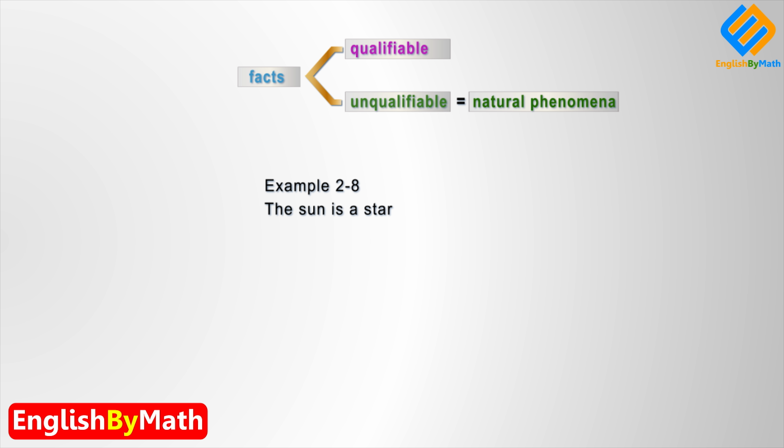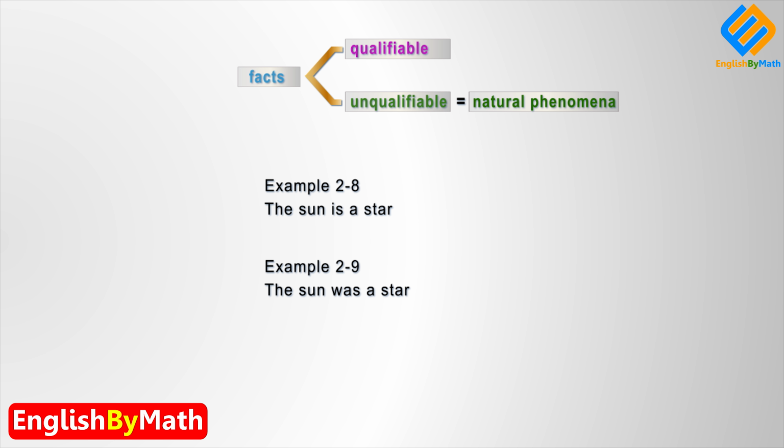The sun is a star. This natural fact is unqualifiable. That is, it cannot be changed because we have no control over the sun. That is why we cannot express this natural fact using the past or the future. The sun was a star.